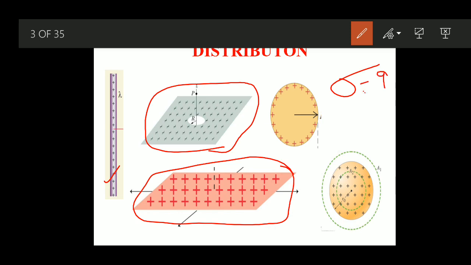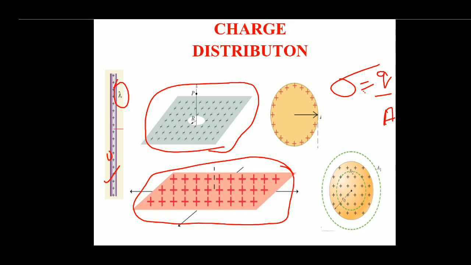Sigma is equal to Q by A. In the linear charge distribution we wrote lambda; in surface charge distribution, it is equal to Q by A. Can anybody say what is the unit of sigma? Coulomb per meter square. Yes.